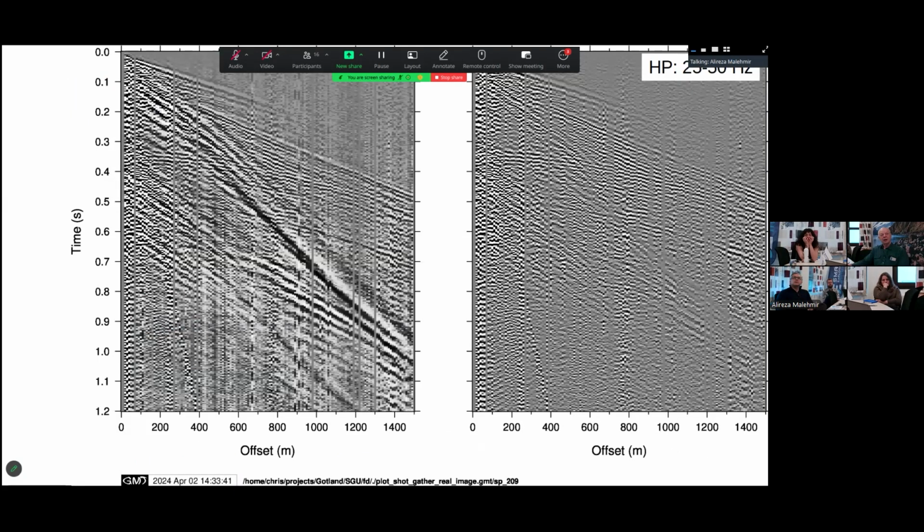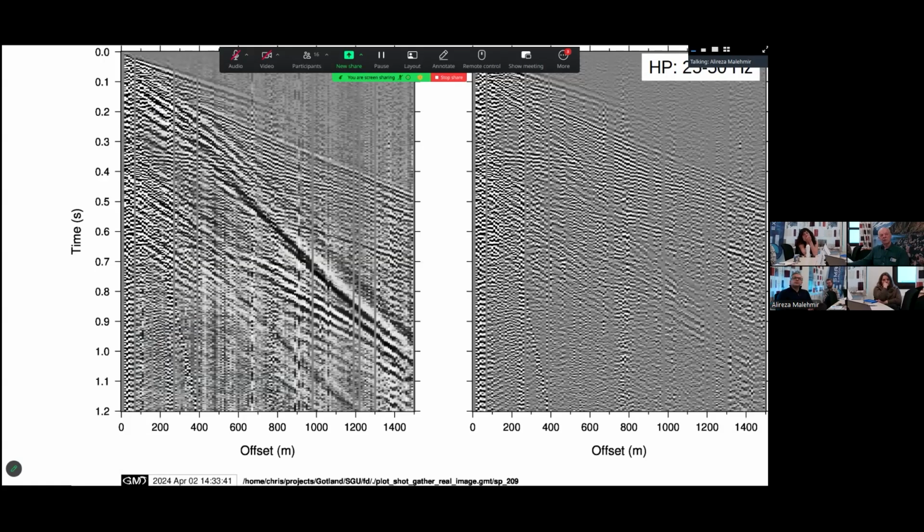So this now is an example of a shot section from the 2D profile that I mentioned earlier. This is the raw data here, and here we have the data high pass filtered, which allows us to see maybe some of these reflections better, although you see them even in the raw data.